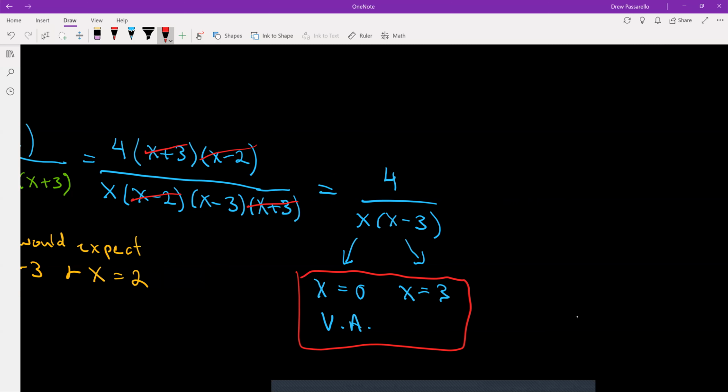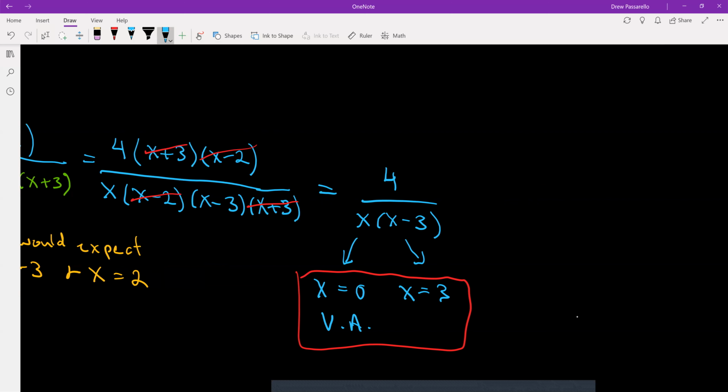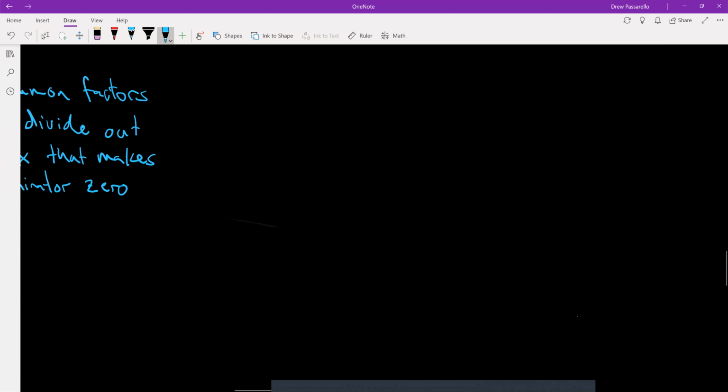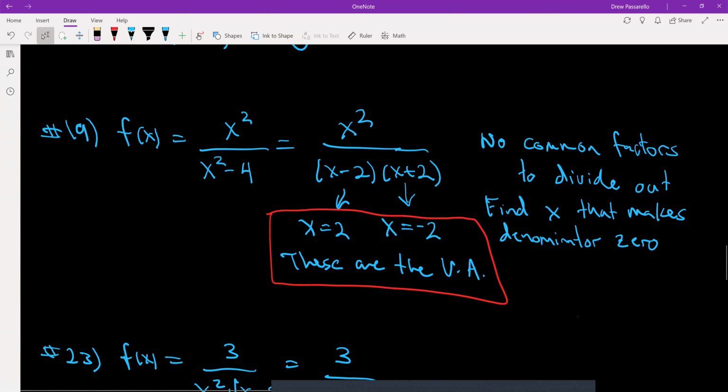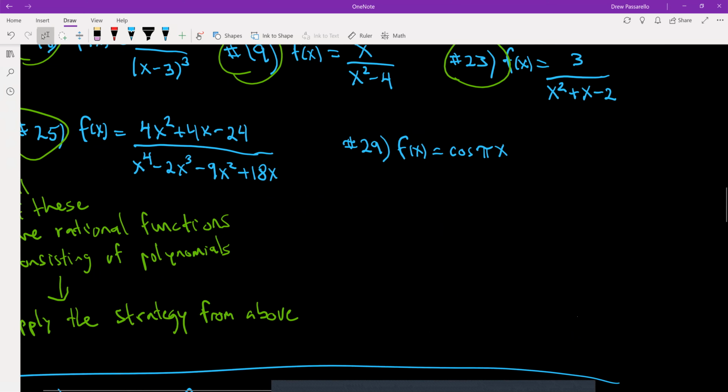All right, so that was a problem that required some factoring. All right, so the next problem, number 29. Notice that is different than the previous ones because it involves a trig function. So I might handle that a little bit differently because there's no factoring going to apply.